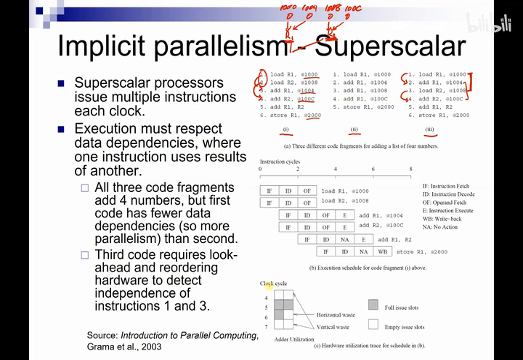Here we have time going in the y direction. We're looking at 4 different clock cycles, and suppose you have 2 different adders. What this is showing is that in the 5th time unit, we're making use of both adders, so we don't have any waste at this time step. However, in the 6th time unit, we're only using one of these adders, so we have a wasted resource over here.